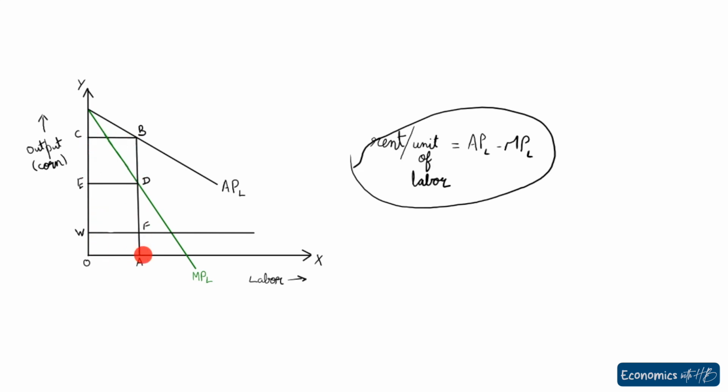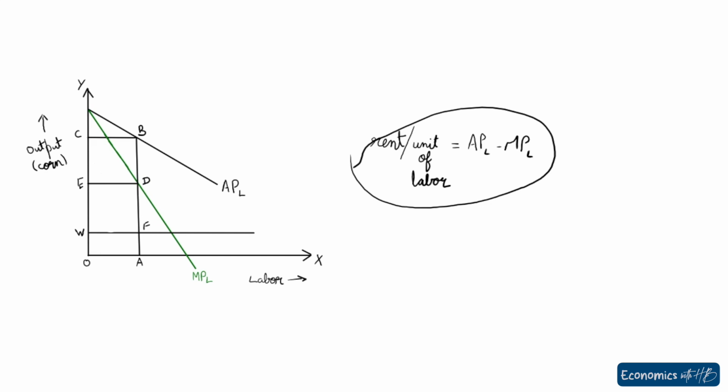Right? With me? Okay. Now, we saw that rent is equal to APL minus MPL, that is average product of labor minus marginal product of labor. When OA units of labor is employed, marginal product of labor is seen as equal to AD. Here, this line intersects MPL at point D, so AD is the marginal product of labor, MPL.